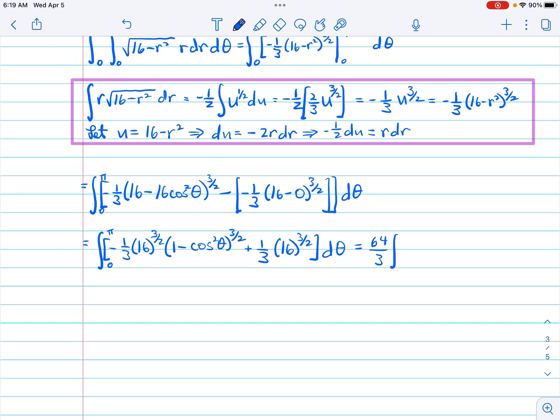And then let's see what we've got left. We've got 0 to pi, and I've got negative the quantity 1 minus cosine squared theta to the 3 halves, plus 1, d theta.